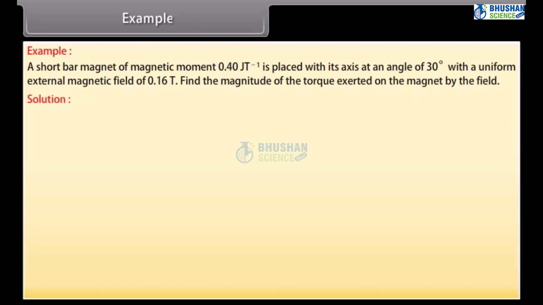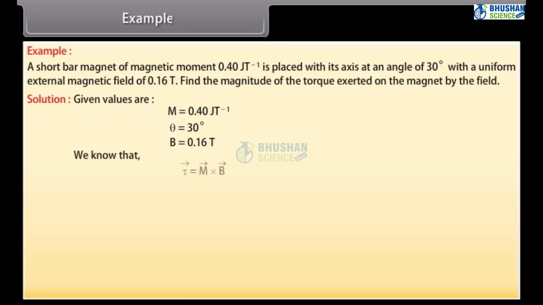Let's see the solution. Here the given values are m is equal to 0.40 joule per Tesla, theta is equal to 30 degrees, B is equal to 0.16 Tesla. We know that tau is equal to the cross product of m and B, or in terms of magnitude, tau is equal to mB sine theta.